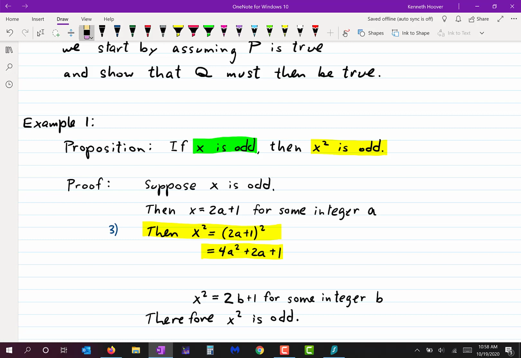Then x squared equals 2a plus 1 squared, which equals 4a squared plus 2a plus 1. Okay? Now, just to avoid the problem entirely, I'm going to put it back the way I had it, because that's why I wrote it that way in the first place, because that is all one line. Why don't we just write it on one line?